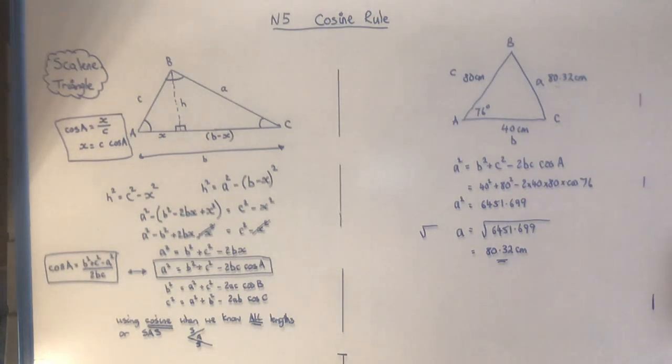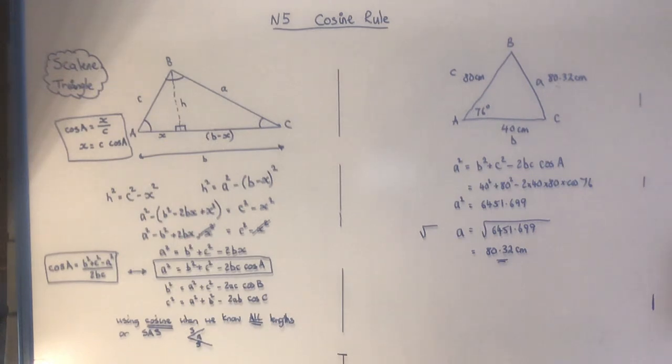Now it tends to be, if you get the dead easy ones, then it's just a straightforward sine and cosine, but the vast majority are sine rule with a bit of SOHCAHTOA, or cos rule and area, because they go nicely together. And they also do bearings. Questions can involve bearings, so you should have done bearings further down the school.